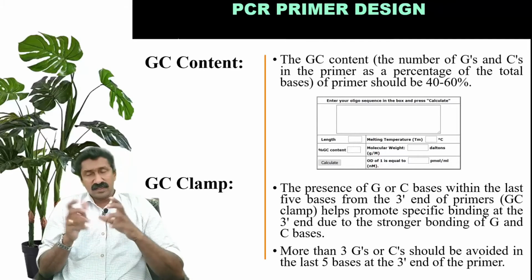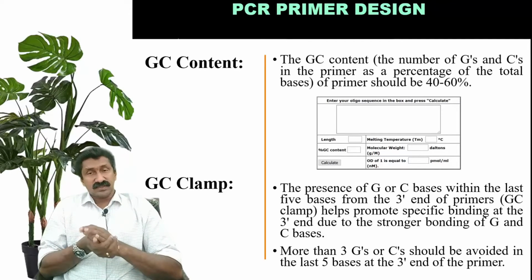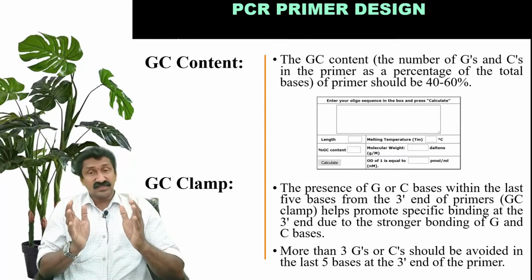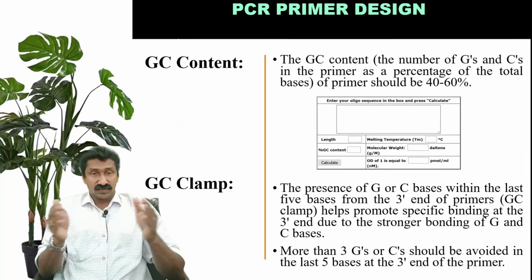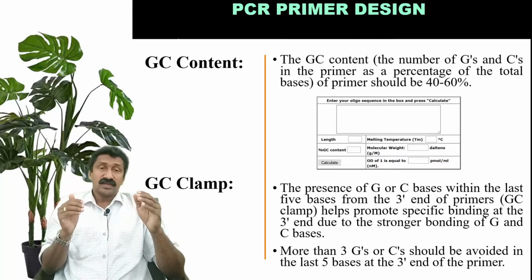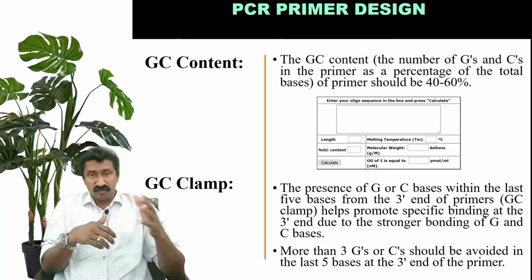Okay. GC clamp is another factor, and that is the presence of GC base pairs within the last 5 bases of the 3' end of the primers. The primers will have a length of 18 to 22 base pairs or more.